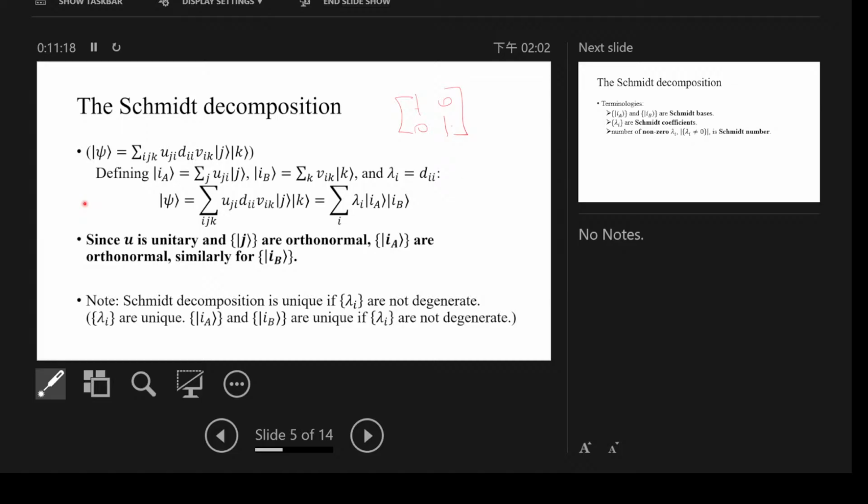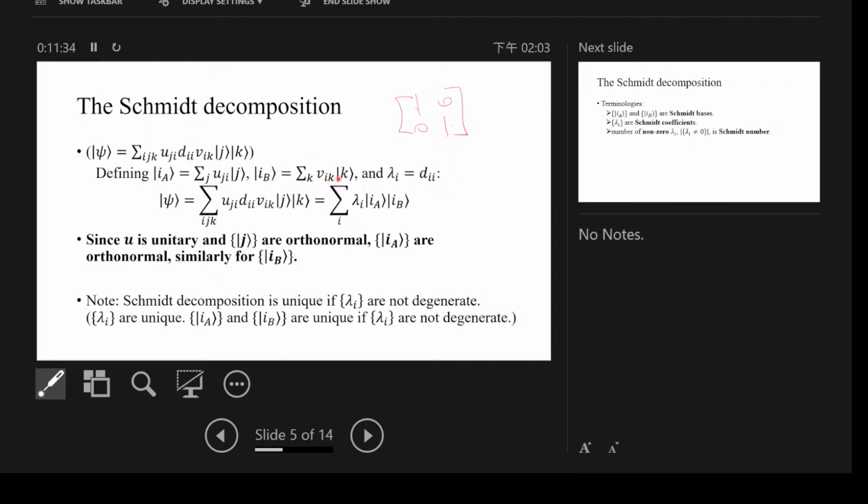So you can just define the sum over J of U_JI times J as a vector, and you can define the sum over K of V_IK times K also as a vector, I_B.